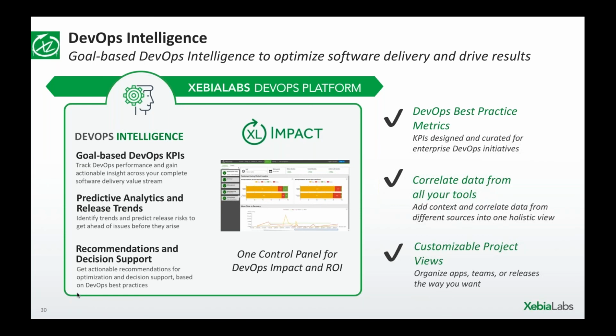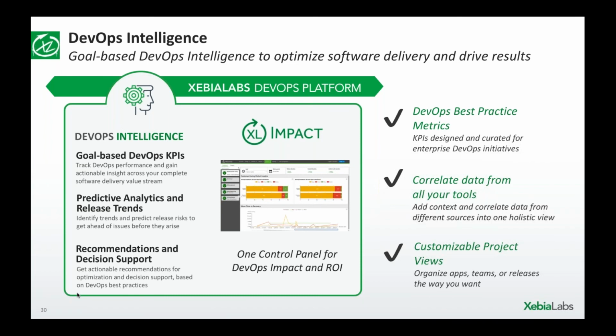So the new capability that we're adding to the XebiaLabs platform is really going into this DevOps intelligence sort of approach, right? What we're trying to do is focus on goals-based insight into what's happening in your process.